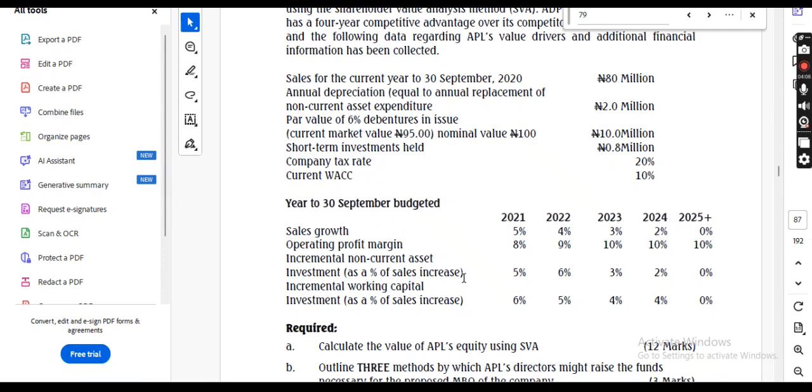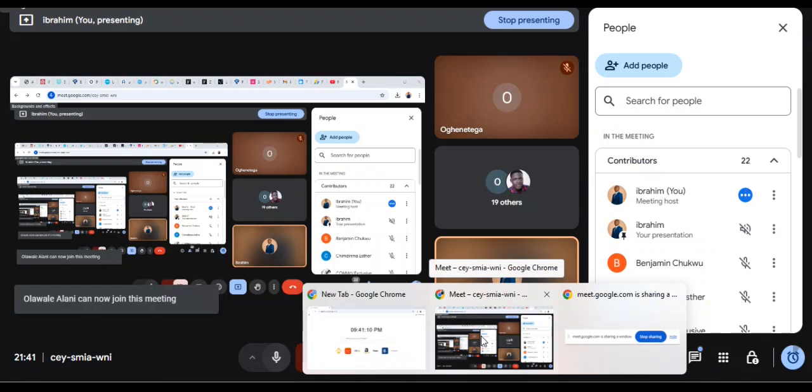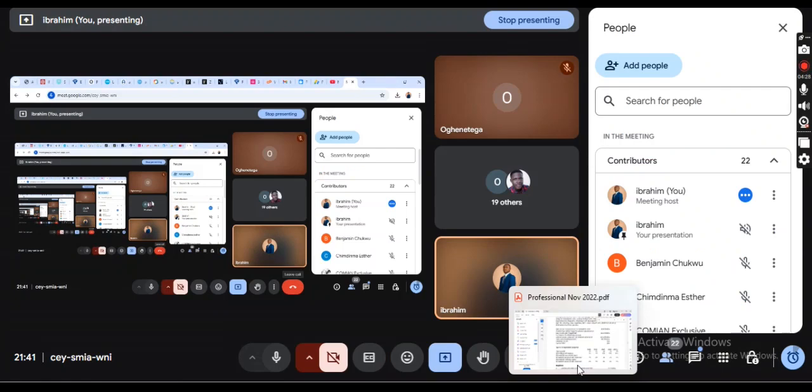I think someone asked a question about this, for every 1 naira increase in working capital. I like that question because it tests your knowledge on the increase or decrease.